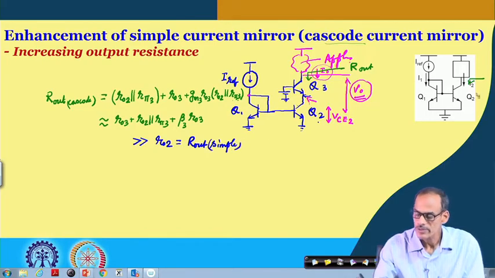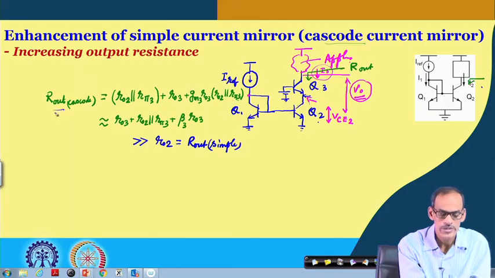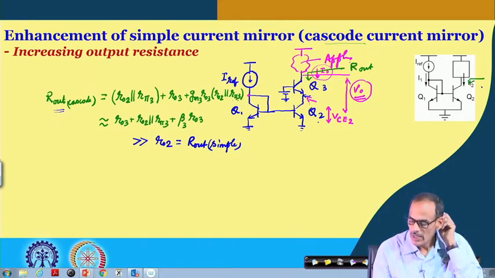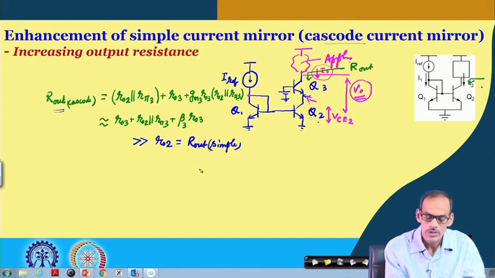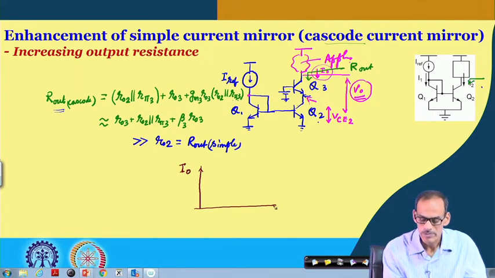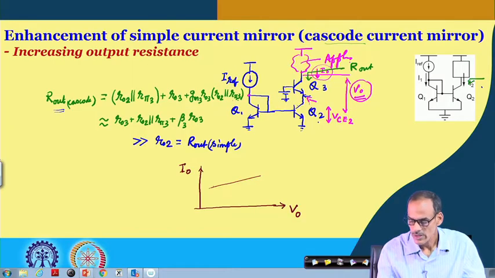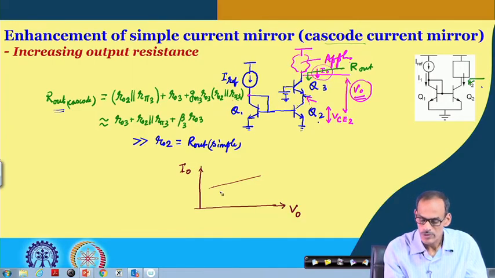So, compared to the simple current mirror, the corresponding output resistance is much higher. If you observe the dependency of the output current on the output voltage VO for the two cases, namely the simple current mirror and the cascode current mirror: for the simple current mirror, based on the early voltage, it may have significant dependency, whereas for this case the dependency will be much smaller.